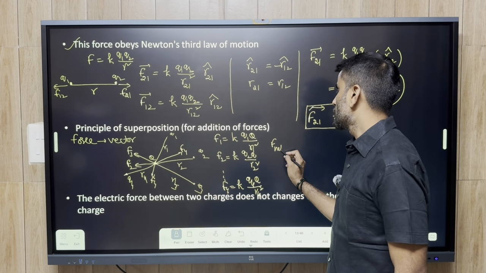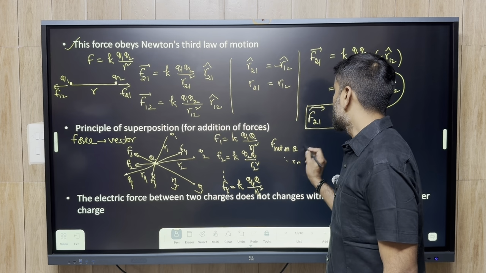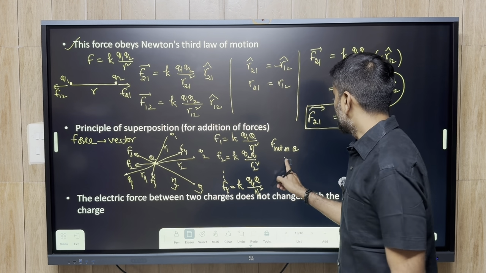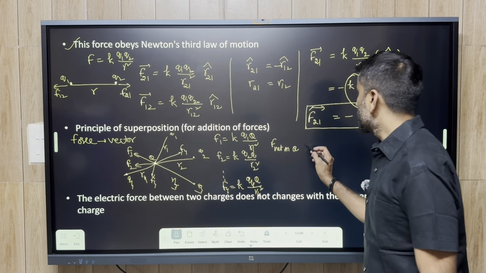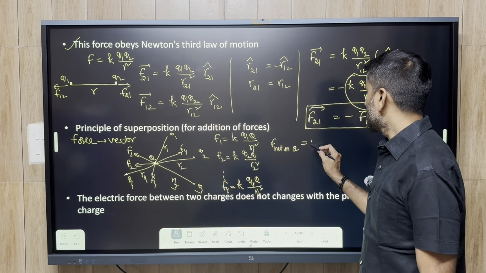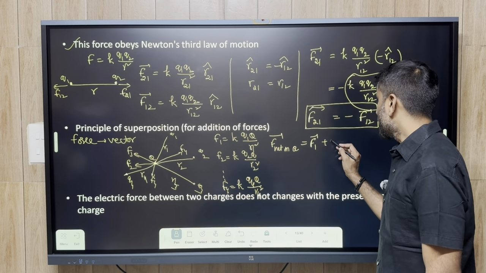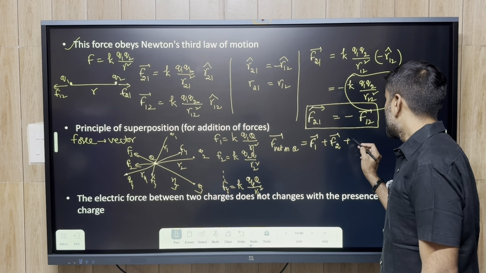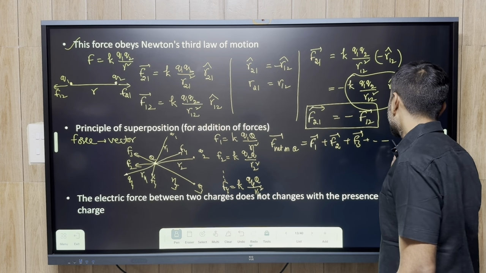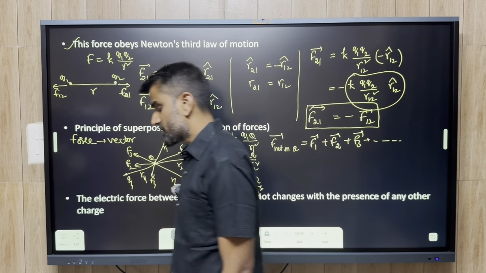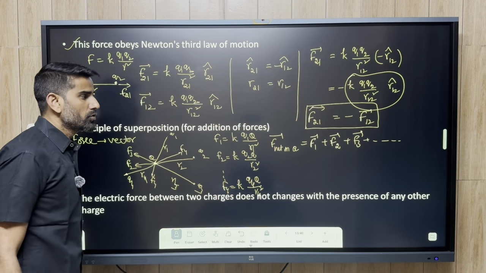So F net on capital Q is equal to F1 vector plus F2 vector plus F3 vector and so on, for as many particles as you can place.